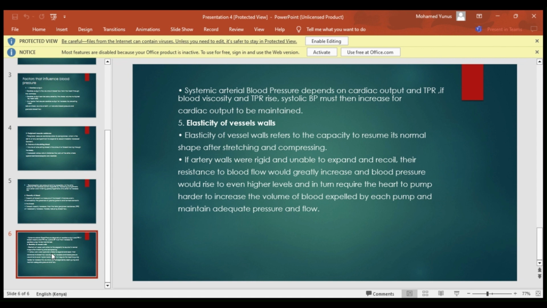Another factor affecting the blood pressure is the elasticity of the vessel wall. The vessel walls we are talking about here are mostly the arteries. Elasticity of these vessel walls refers to the capacity to resume their normal shape after stretching and compressing.